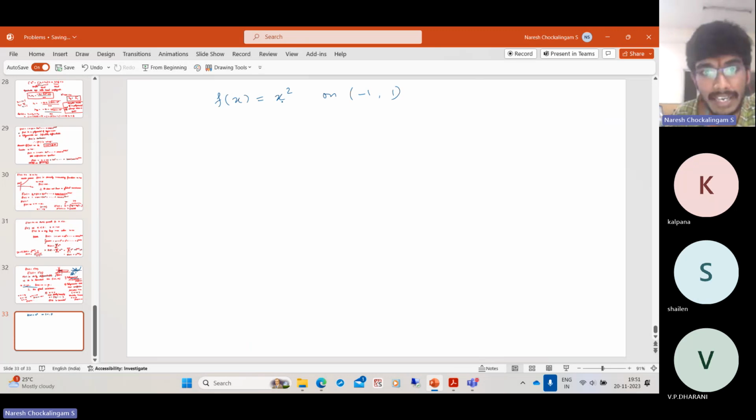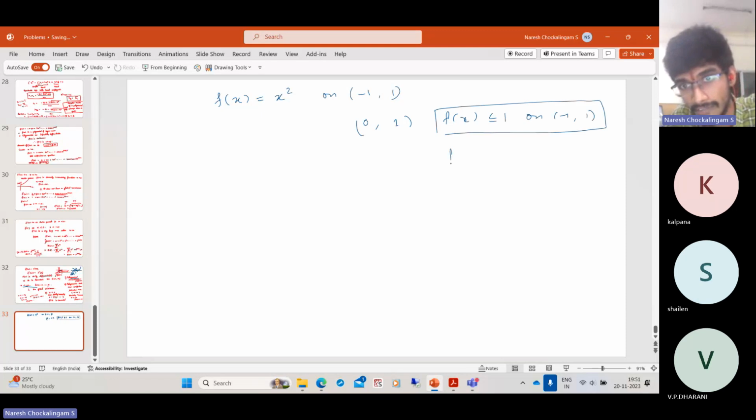The least value it can take is 0, and the maximum value it takes is 1. So f of x is less than or equal to 1, on minus 1 to 1. If we have a statement like this, that f of x is less than or equal to some m on a certain interval, then f of x is bounded. So if I say f dash of x is bounded, it means you just put a dash everywhere. That is what it means.